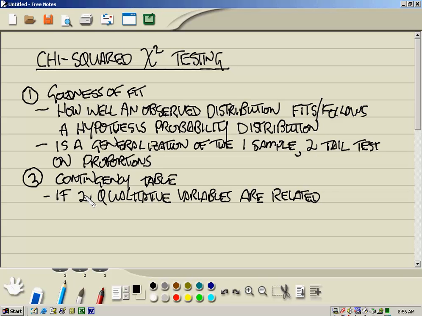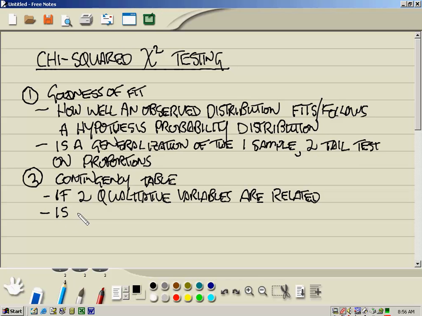Right? For instance, are smoking and lung cancer related? Those are qualitative variables, and we could answer the question if those things are properly measured.